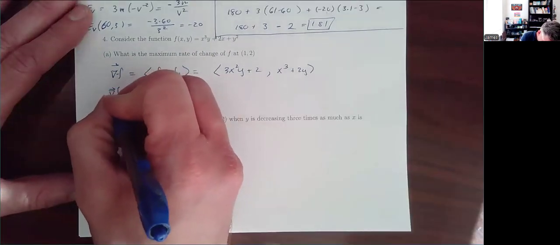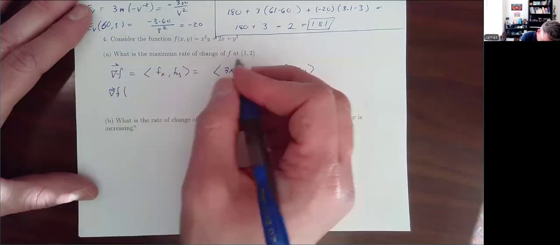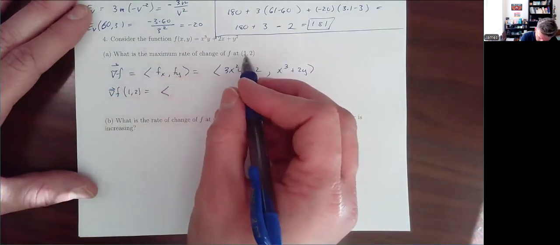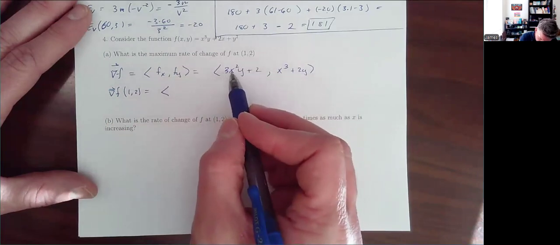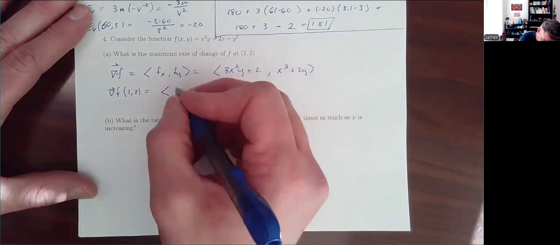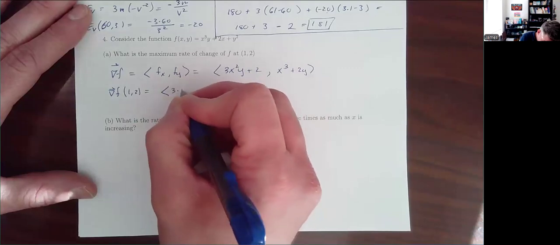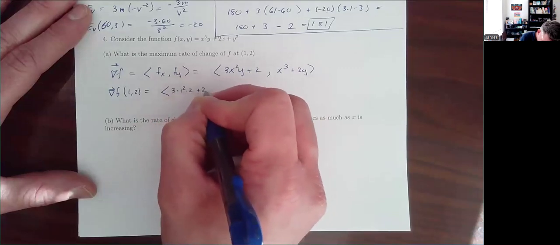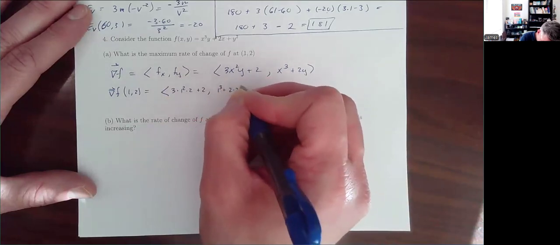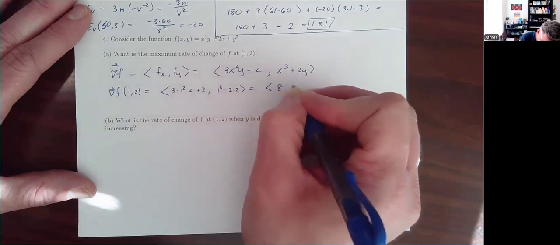So the gradient evaluated at 1 comma 2 is going to be the vector. We're plugging in 1 for x and 2 for y. So it's 3 times 1 times 2, which is 6 plus 2, so that's 8. And then 1 cubed plus 2 times 2. That's going to be the vector 8 comma 5.